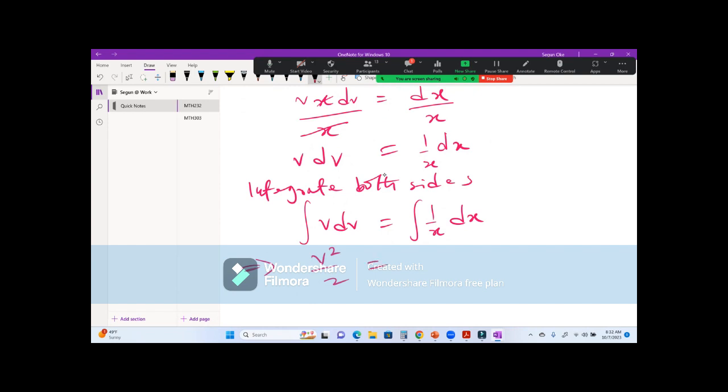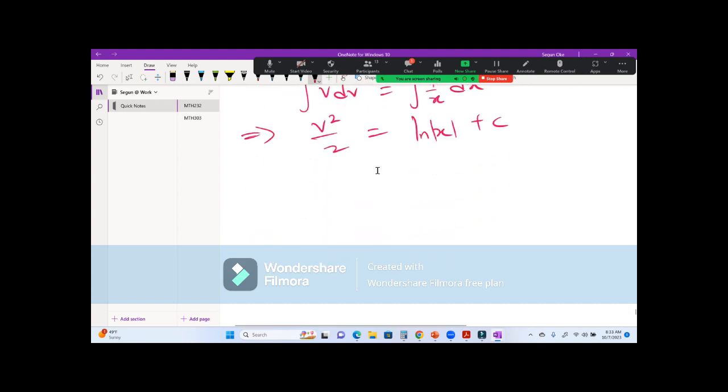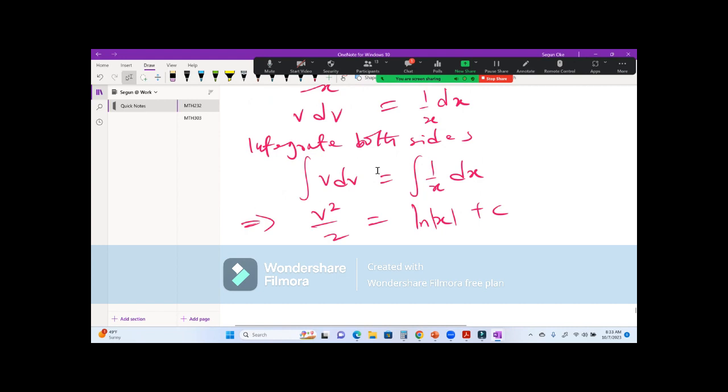Yes, sir. Equals to, when you integrate 1 over x, you have what? Absolute value of ln x plus c. So in this case now, 1 all over 2 v squared equals ln x plus c.